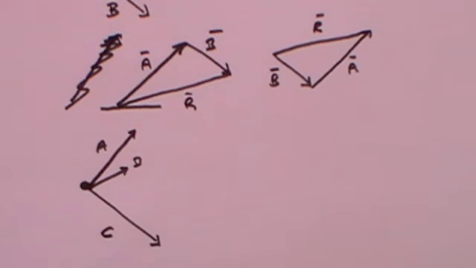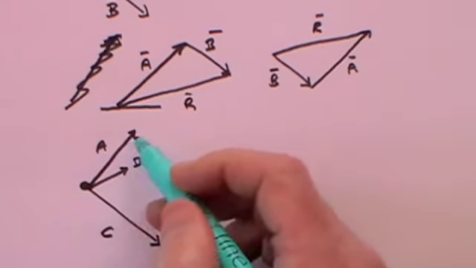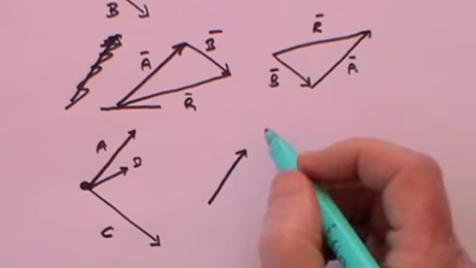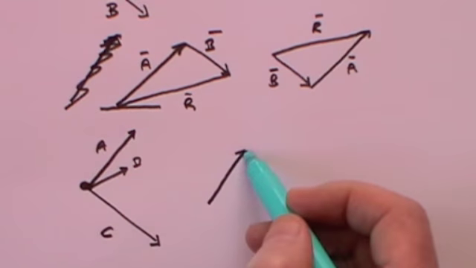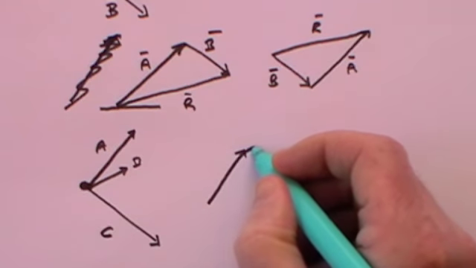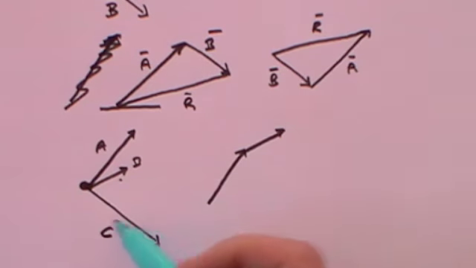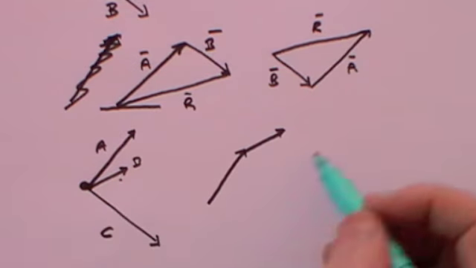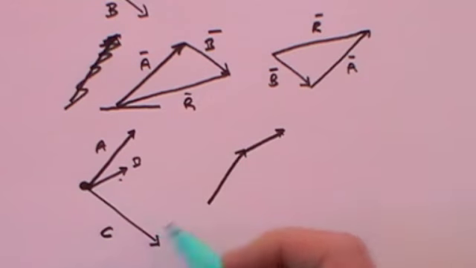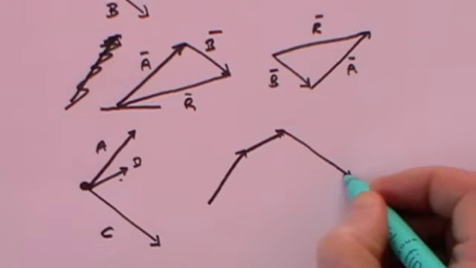It doesn't matter what order you do it in, but I'll do it A, B and C. So you start off by drawing the vector A, same length, same direction. Then you add on the tip of this the tail of B, same length, same direction. Right, that's B. And then you add tip to tail, so you start here and you draw the C vector, which is going to look something like that.